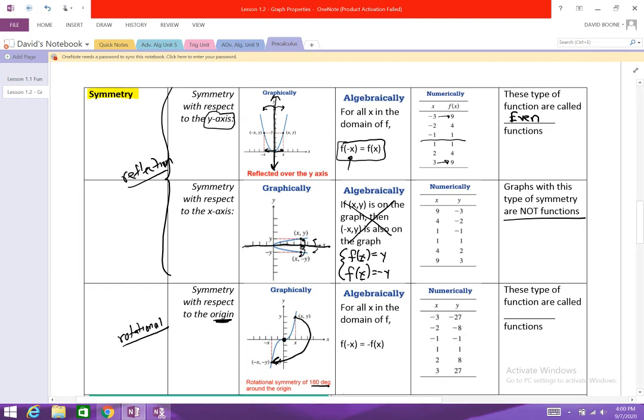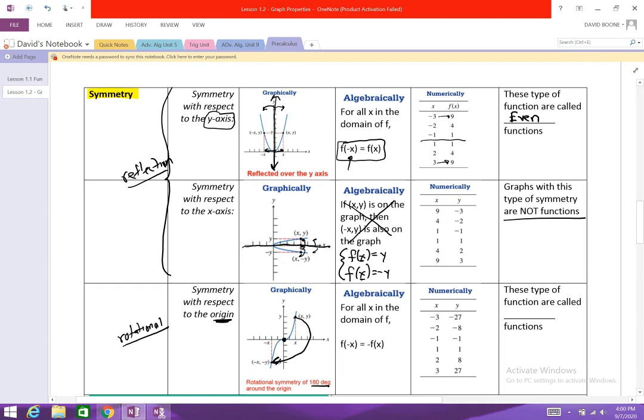Again, we'll look at that in some examples down below. Maybe a table helps here a little bit too. If I put a negative value in as an x value, say negative 3, this would be negative 27. But if I put the positive value 3 in, I would get that positive value of y.